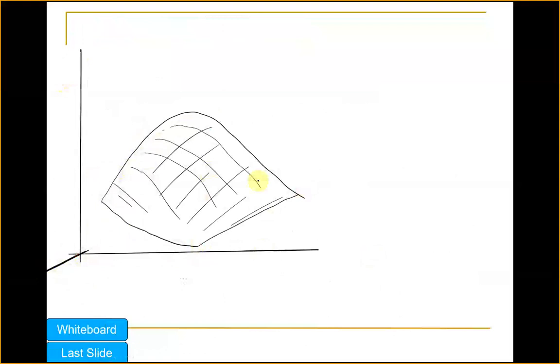So these lines represent, let's say, values of x, y, and z. This would be lines of constant y, this would be lines of constant x. So the maxima would be here. This is a two-dimensional case where you find the maxima.